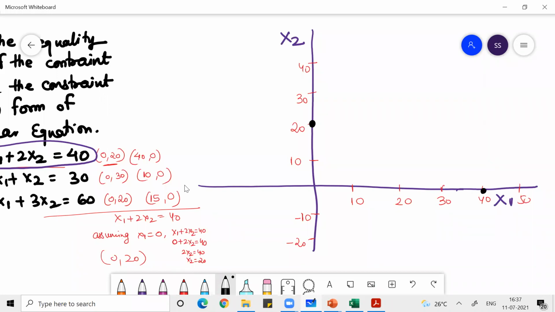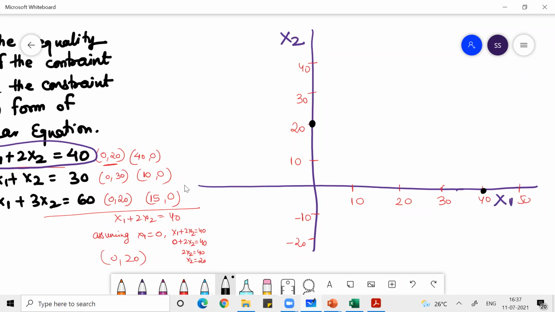Yes, sir. Commerce students, anyone finding any difficulty? Science and BCA students can easily understand this, but I'm worried about the commerce students. 0, 20 means x1 is 0, x2 is 20; 40, 0 means x1 is 40, x2 is 0.